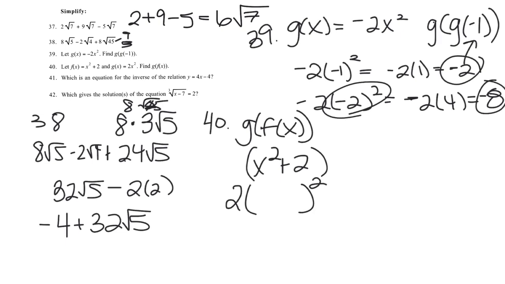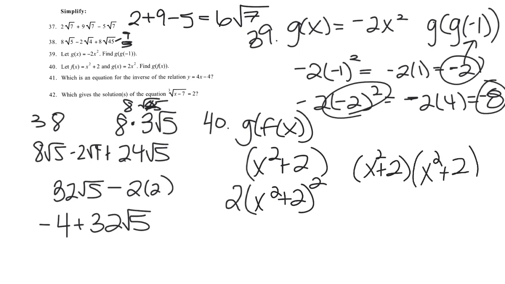G is 2 times x squared, and what's going to go in for x is the x squared plus 2. And to square x squared plus 2, I need to multiply that out. That means x squared plus 2 times x squared plus 2. You can't just square the first one and square the second one.